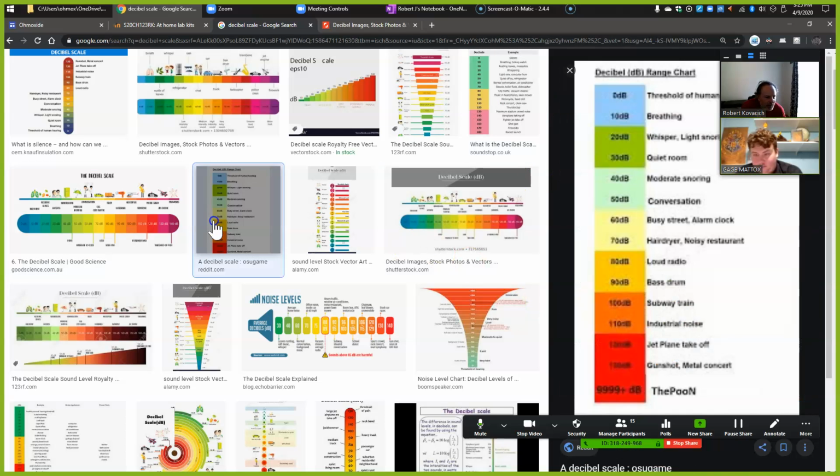Yeah, I don't think that's the case. It goes up by factors of 10. Well, this does. But threshold of human hearing and breathing, that's not 10 times. Yeah, no, I don't think it's logarithmic. Sorry.